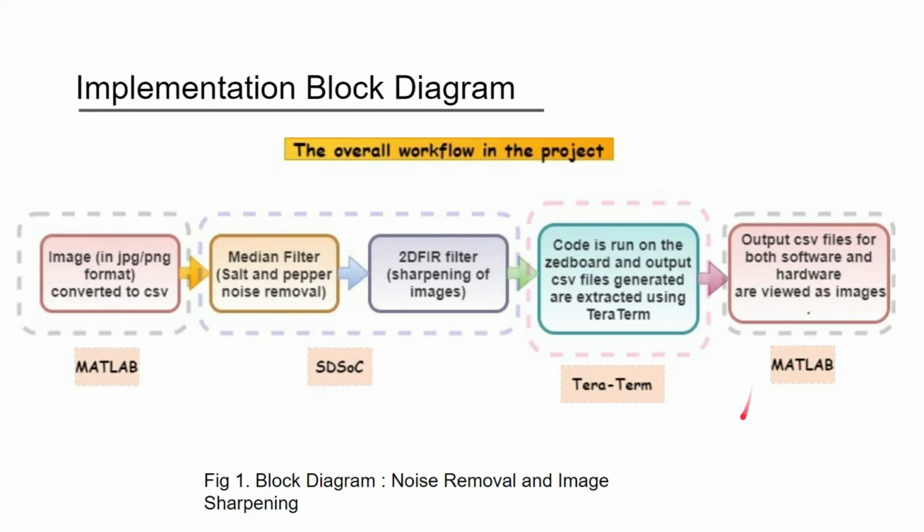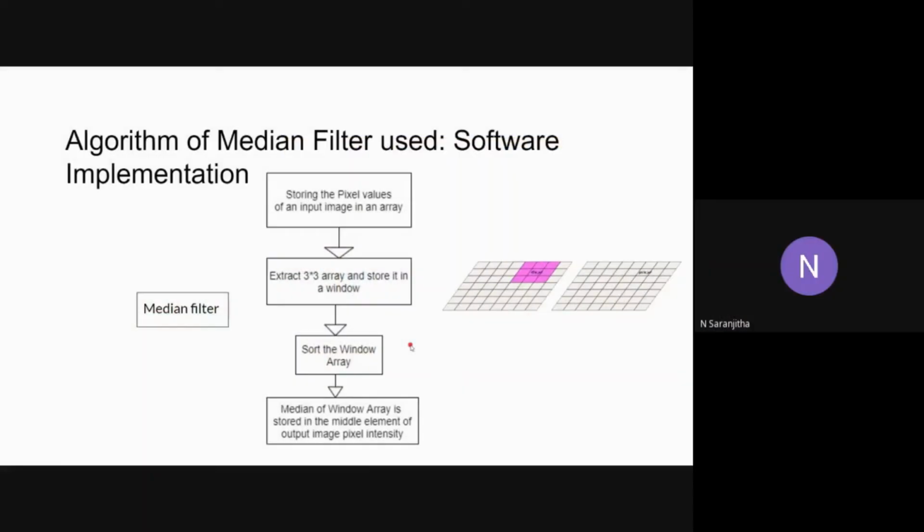So this is the algorithm of the median filter that has been used in the software implementation. We know that the median filter is basically used to remove salt and pepper noise from the image. Due to salt and pepper noise, there are unnecessary white and black dots on the image.